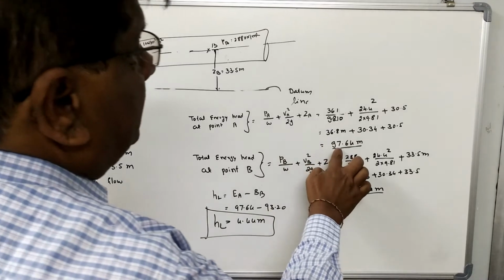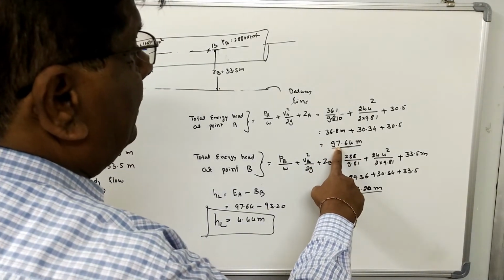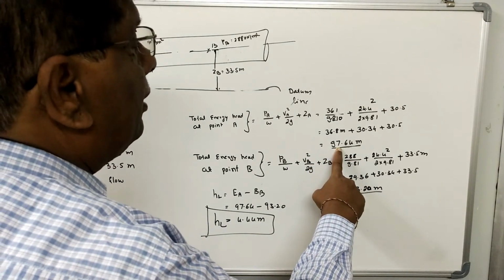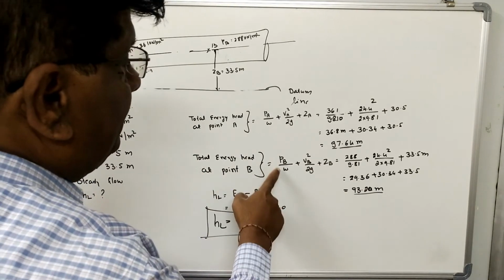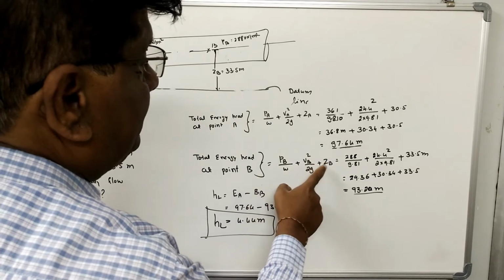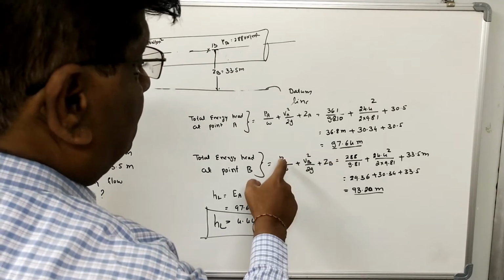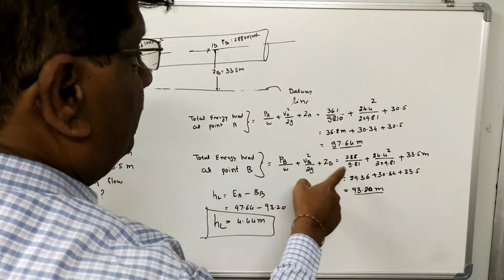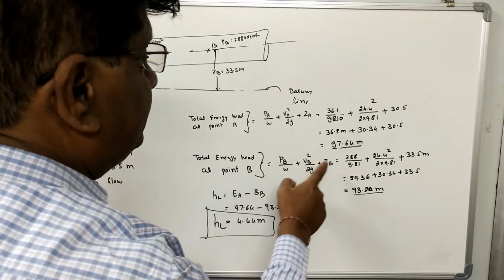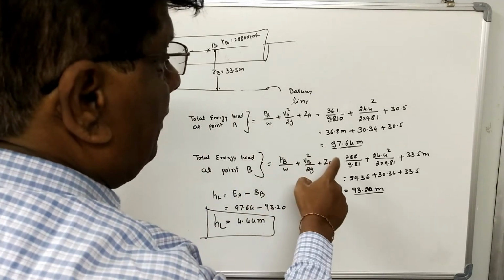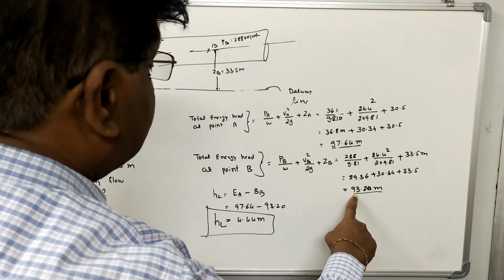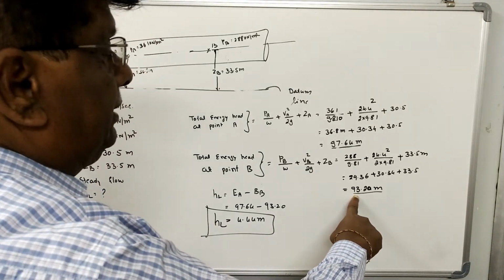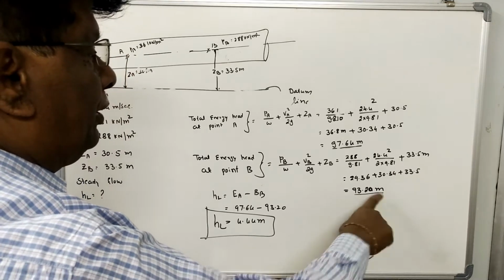So this is the total energy at point A possessed by the water. Then total energy head at point B is PB by W plus VB square by 2G plus ZB. PB, VB, ZB are given. Substitute the given values, and the energy head at point B is 93.2.